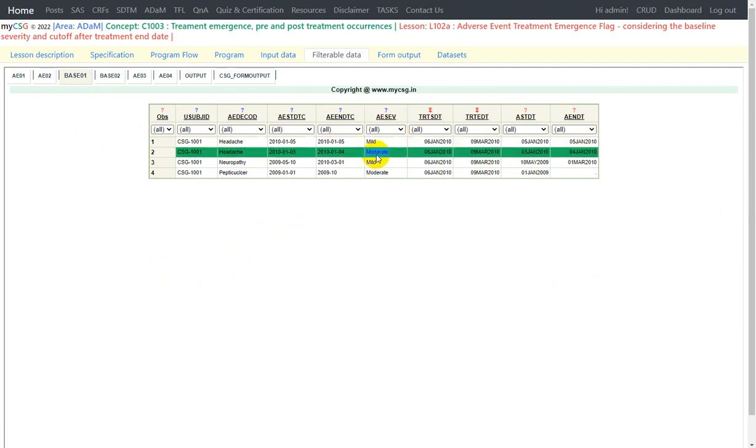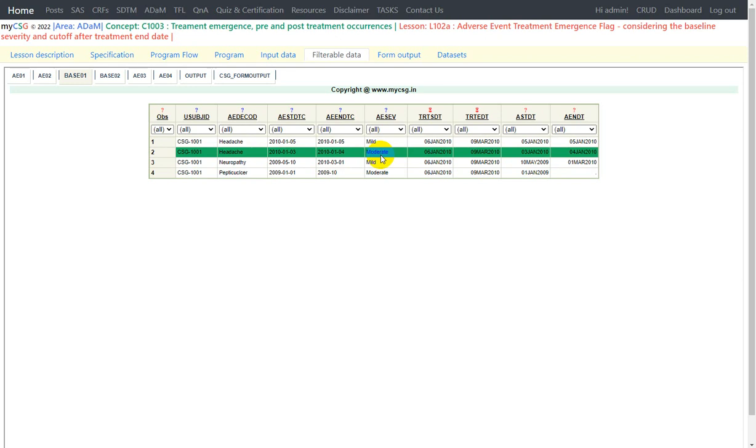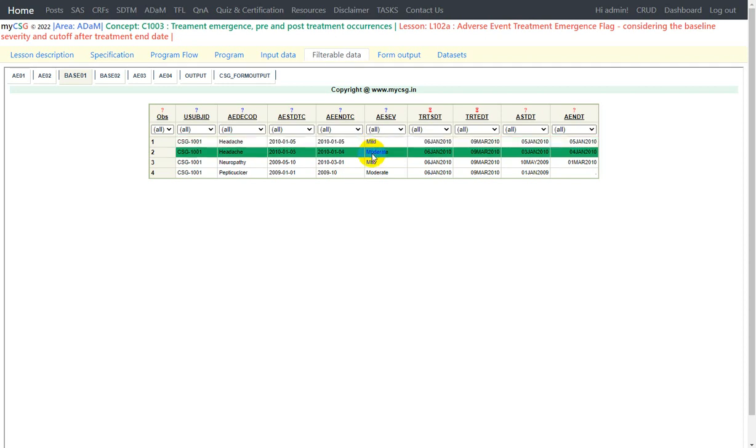For AESEV, we do not need to create any numeric variable, because alphabetically also mild, moderate and severe get sorted as per the highest severity grade, because MI comes before MO and then comes the letter S. So even if we sort severity as a character variable, the highest severity record gets sorted at the end.